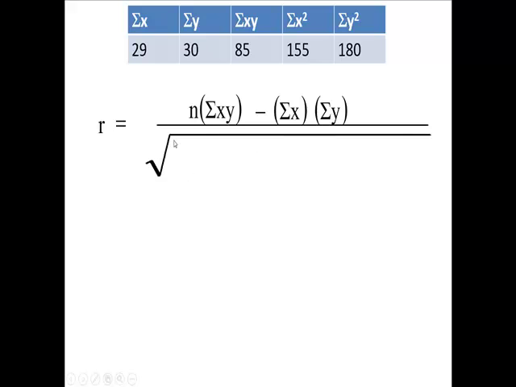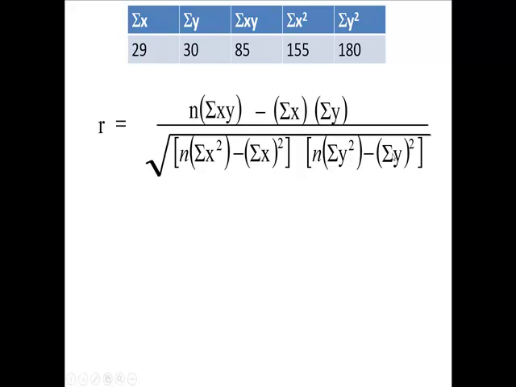Now at the bottom of the formula is a square root, a positive radical, and we're going to have 7 times the sum of x squared, which is right here. It's going to be 155. And the sum of x is 29, isn't it? This is 29 squared. And you're going to do the same thing with the y's. We have 7 times the sum of y squared, which is 180, minus the sum of y, which is 30, squared.